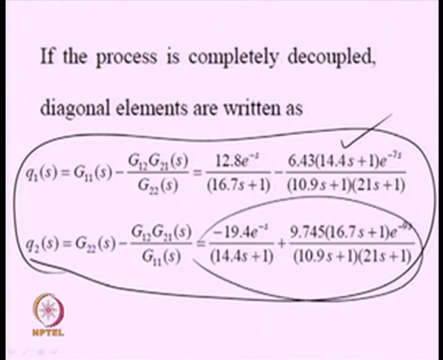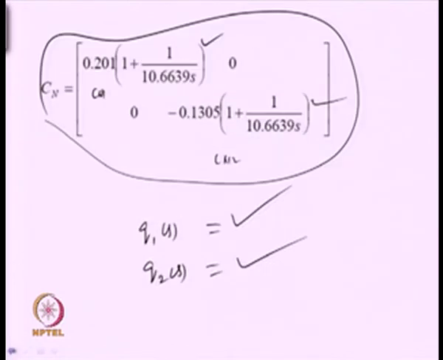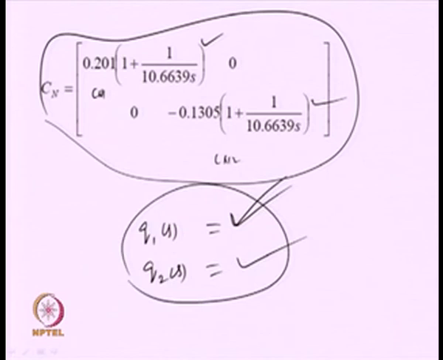Now, to compare the efficacy of the identification technique, the Q1s and Q2s are obtained. This is what we get from the original TITO system dynamics, and we have also identified the system models Q1s and Q2s based on our technique.